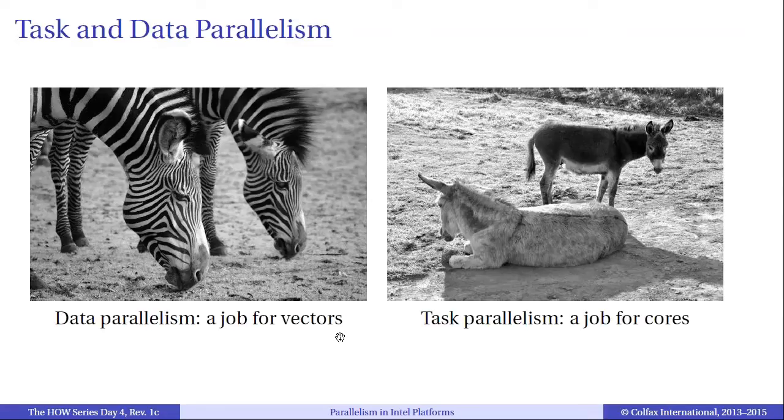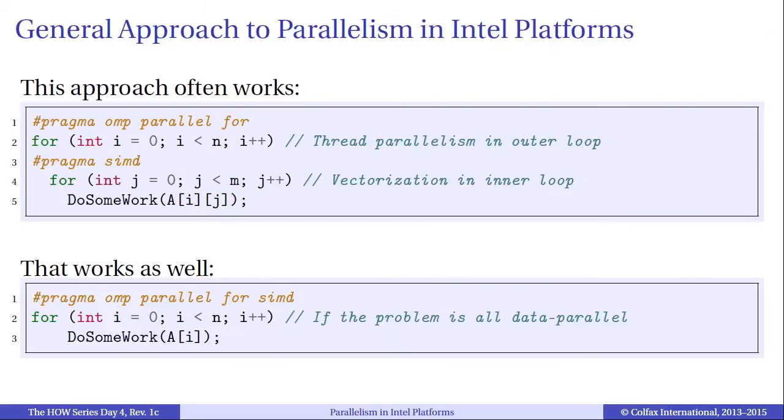You may find that some applications naturally have 2 levels of parallelism that can be handled by these 2 hardware systems. These applications are such that you can parallelize the outer loop and vectorize the inner loop.